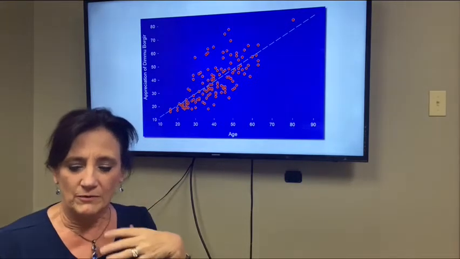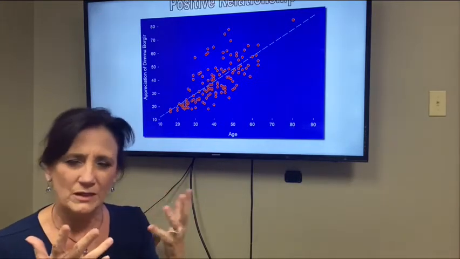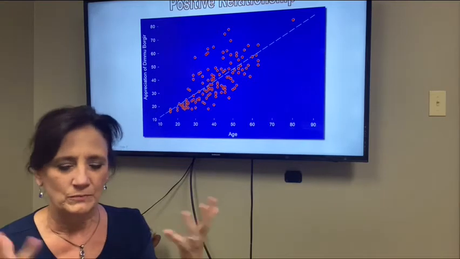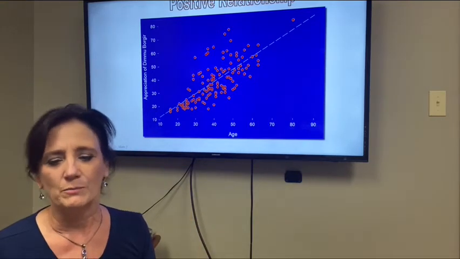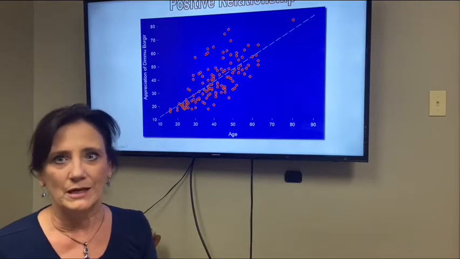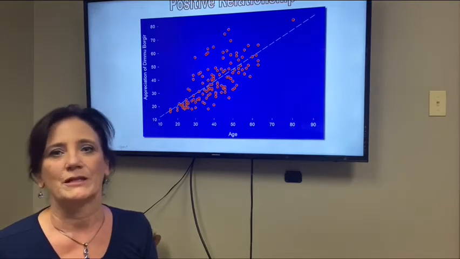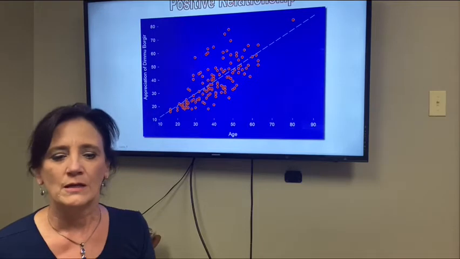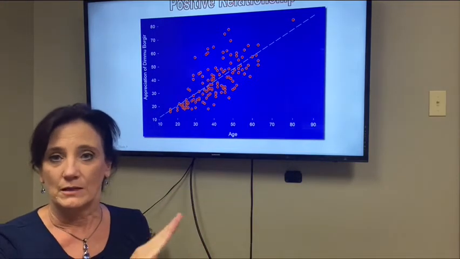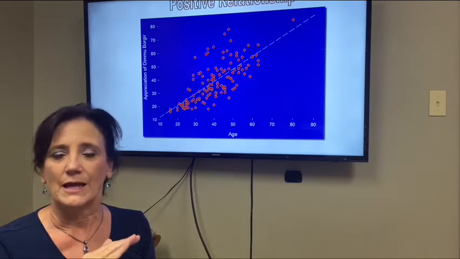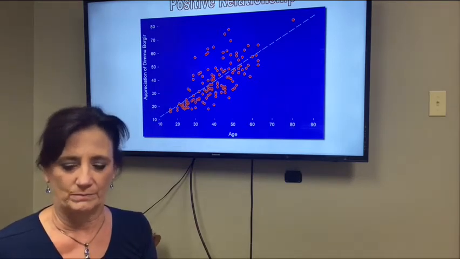So you've got a fairly strong, maybe it's more of a moderate, how you term it is debatable looking at your scatter plot, but regardless, what you can see here is that you have a positive relationship. So look at the direction that the dots are going on that scatter plot, and that tells you that you are moving in a positive direction.